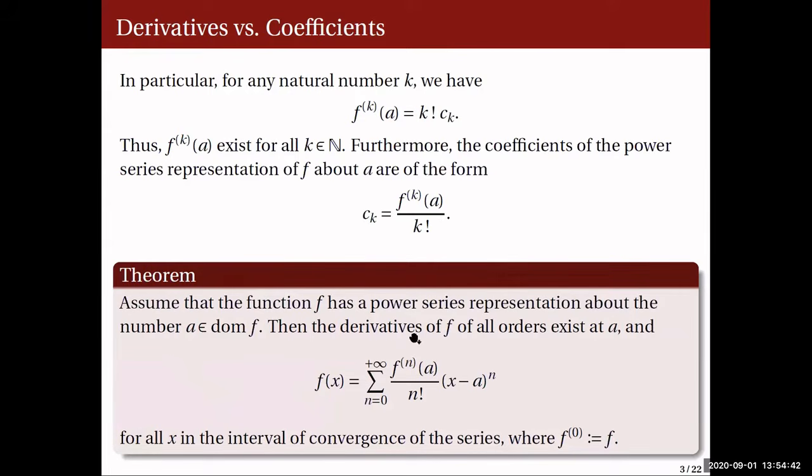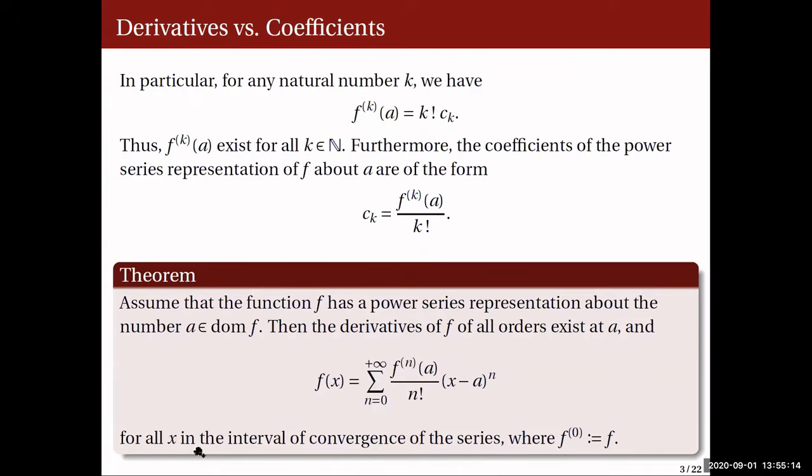Then the derivatives of f of all orders exist at a. This is very important: the existence of the derivatives of f of all orders at a. And f of x is equal to the following power series: the summation from n equals 0 to infinity of the nth derivative of f at a over n factorial times (x minus a) to the n.